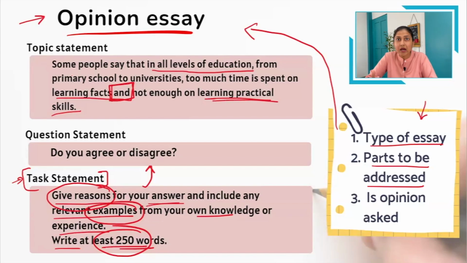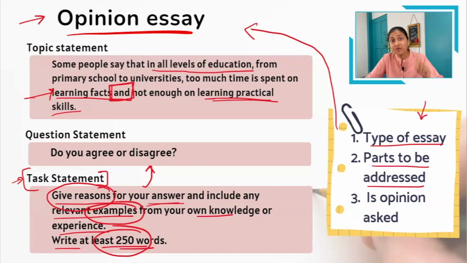While saying I agree or I disagree with this opinion, I should talk about it as a whole. I shouldn't just speak about, yes, too much time is spent on learning facts and only about this. I should also bring my attention to not enough time being spent on practical skills.